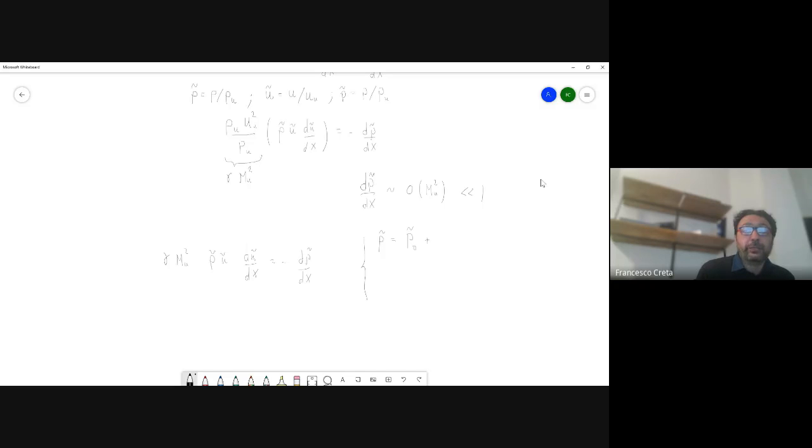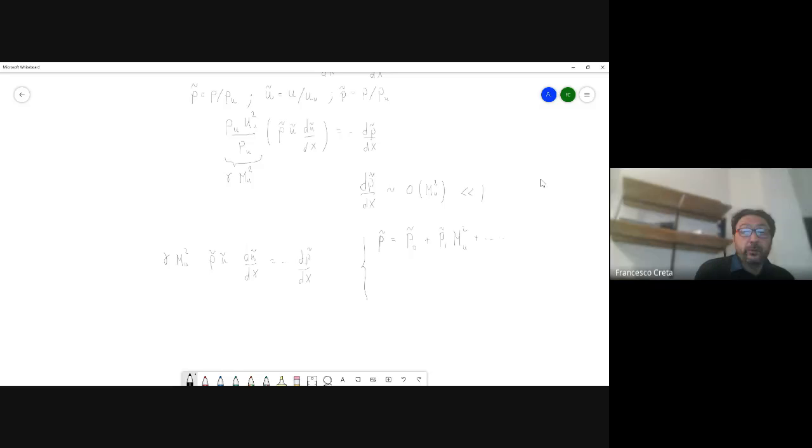So the pressure will be represented by a leading order term, and then a small contribution of the order of the Mach number squared, plus negligible terms.